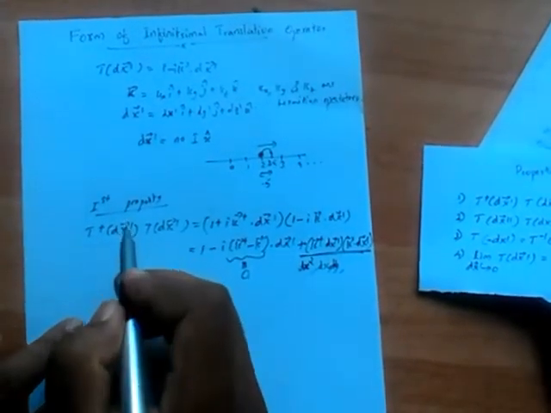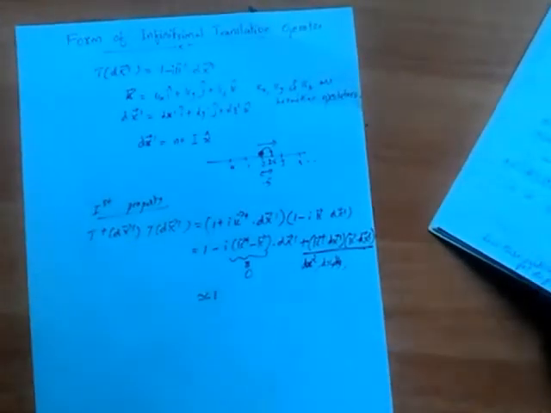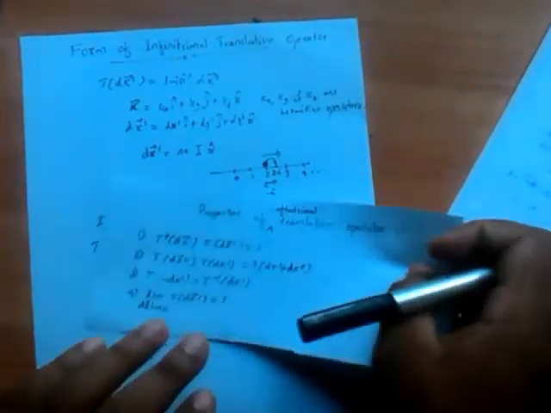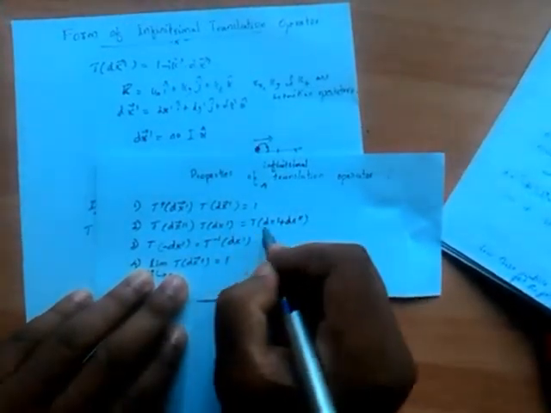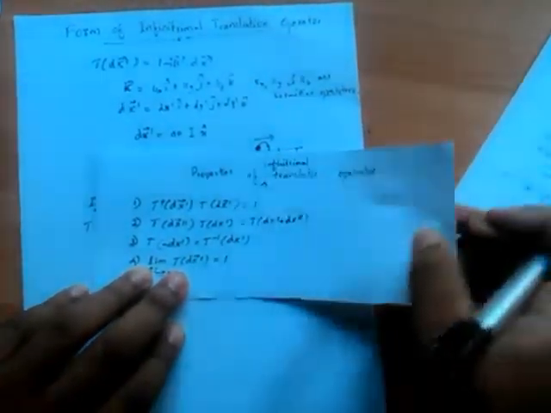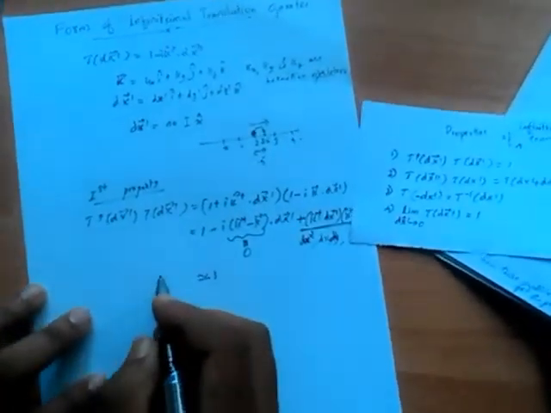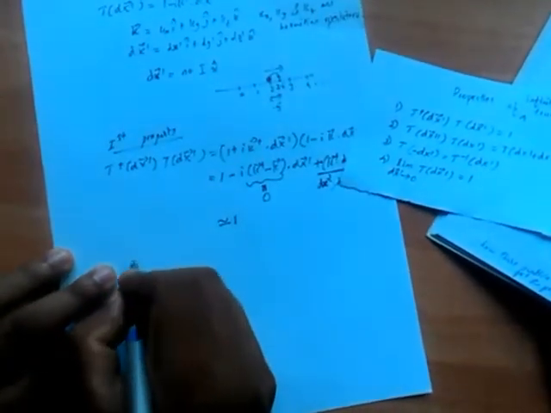So we have verified the first property. The second property is T(dx'')T(dx') = T(dx' + dx''). We will verify the second property.